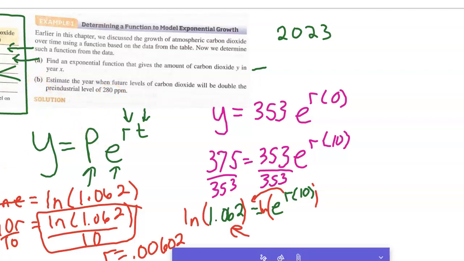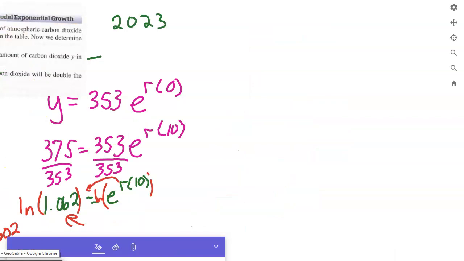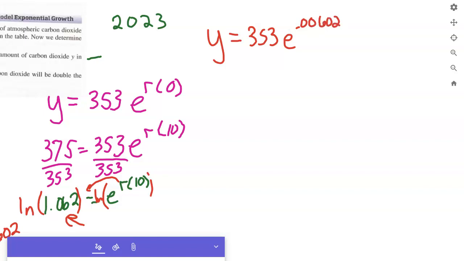So our formula is y equals 353, because that was our initial amount, e to the 0.00602 times x. So that gives us our model.